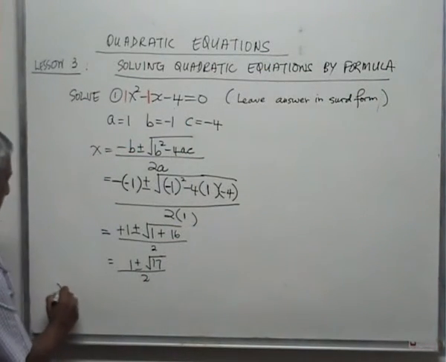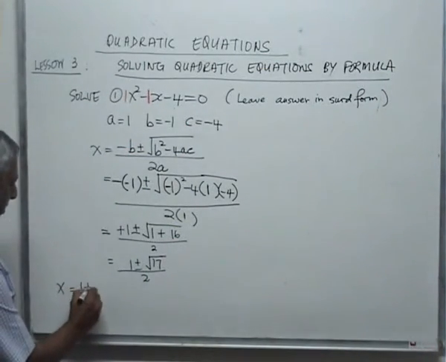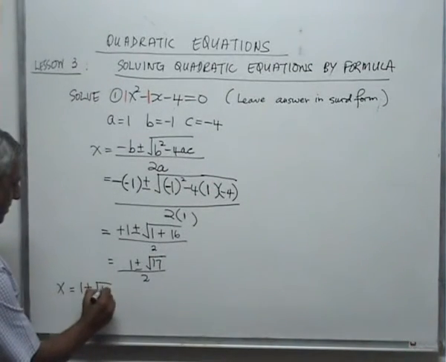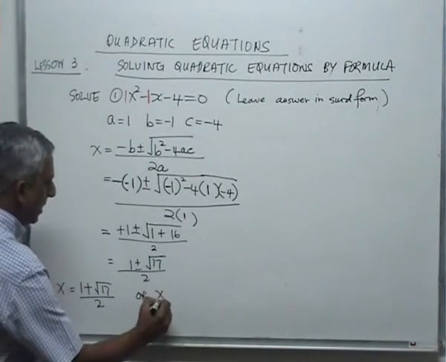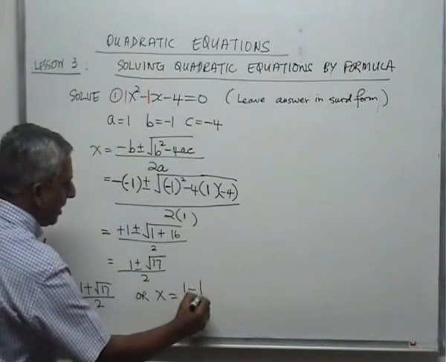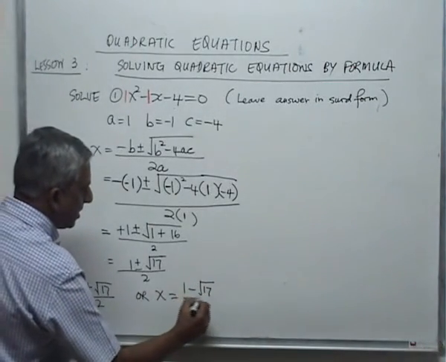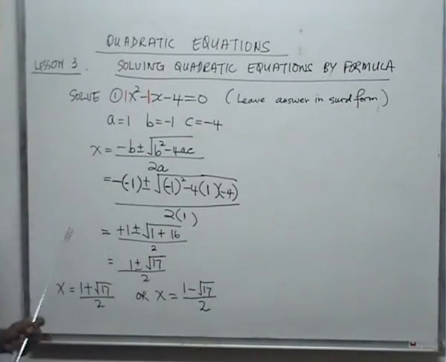So what are the two answers? x is equal to 1 plus the square root of 17 all over 2, or x is equal to 1 minus the square root of 17 all over 2. So that's your two answers, provided that the question said leave your answer in surd form. Alright, so that's solving a quadratic equation using the formula.